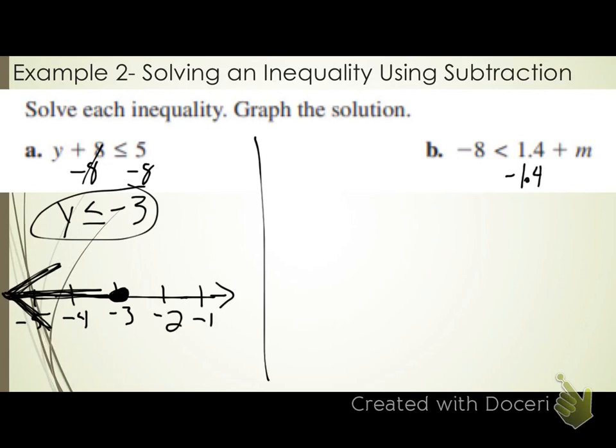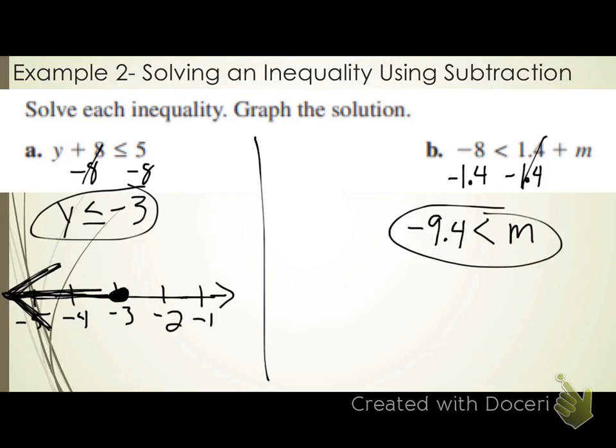Subtract 1.4 from both sides. -8 minus 1.4 gives me negative 9.4. M's by itself, there's my solution.